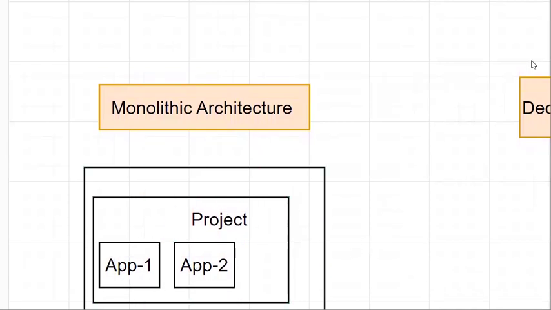One application runs on one server. One application requires some dependencies and another application requires some other dependencies. Let's say my project is a big project. In that case, I have more than two applications present inside my project.